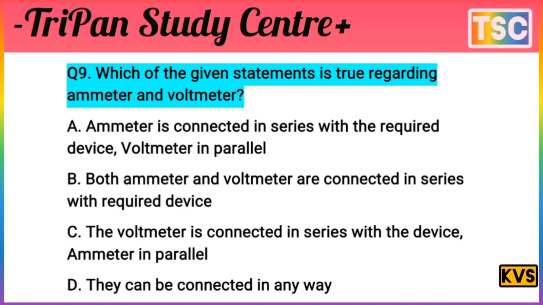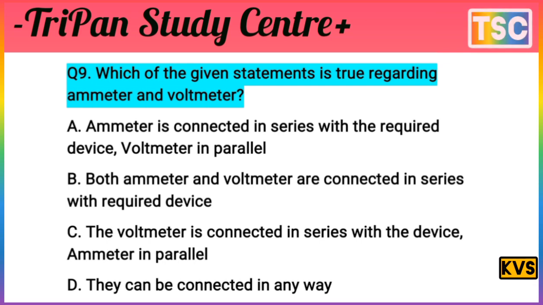Option C, the voltmeter is connected in series with the device, ammeter in parallel. Option D, they can be connected in any way. That option is totally wrong because they cannot be connected in any way.